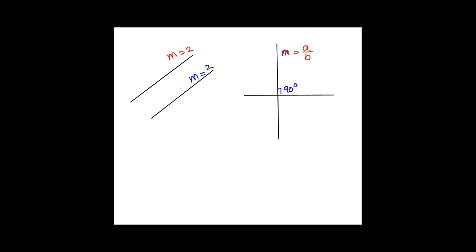What do you mean by that? Should it be negative A over B? Okay, Brian, you want to try that? It should be the opposite reciprocal. Negative B over A if they are perpendicular.